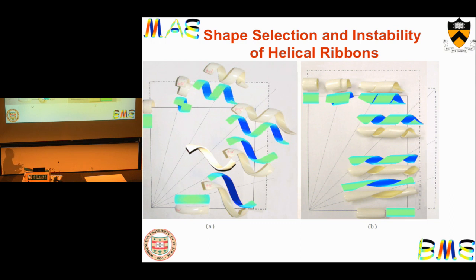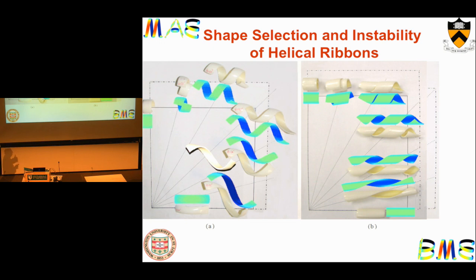And now, if we simply combine these two studies together, so before we have these tunable helical shapes, what happens if we just increase the width given exactly the same driving forces? In this case, we found that instead of having helical ribbons with varying radius, now we have helical shapes with almost the same radius of bounding cylinder.